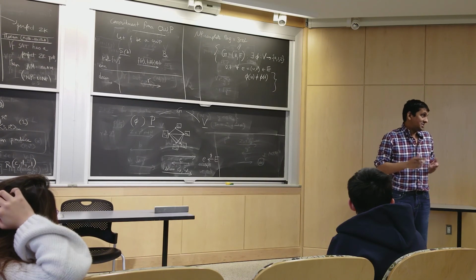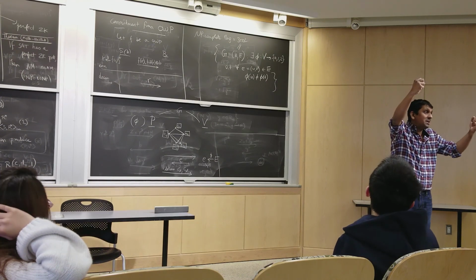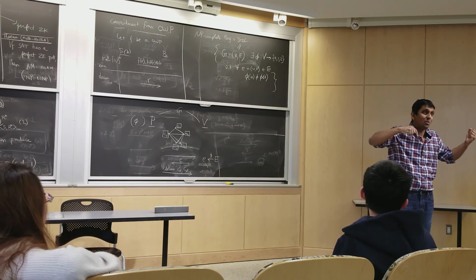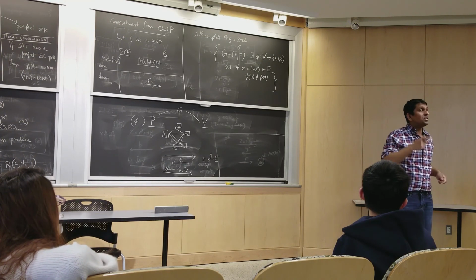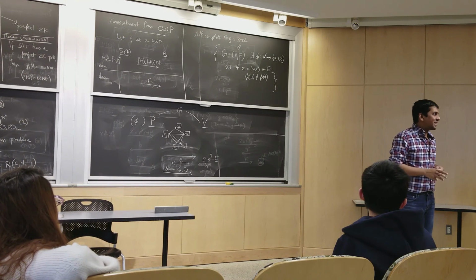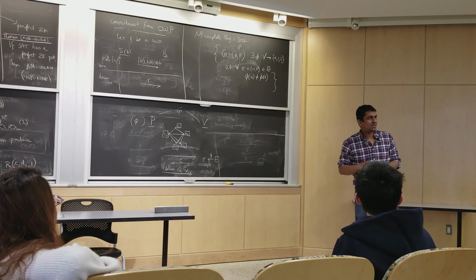It's at least 1 over e. If two colors are the same, I'll catch it with 1 over e probability. If one of the vertices is bad, I'll catch it with 1 over v probability, but that's hopefully at least 1 over e.